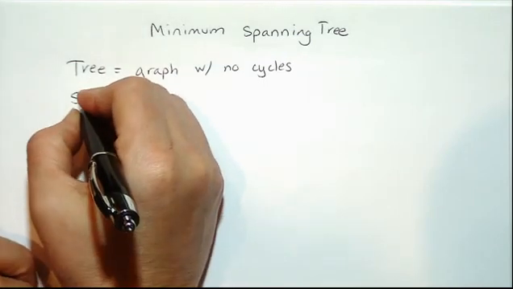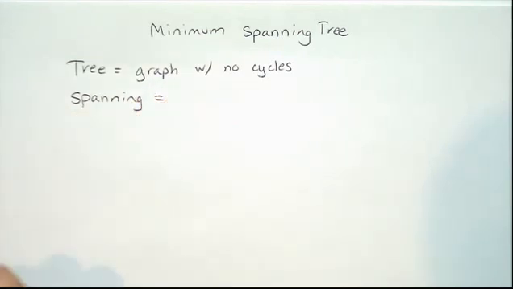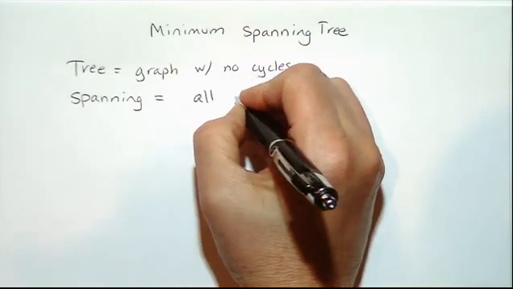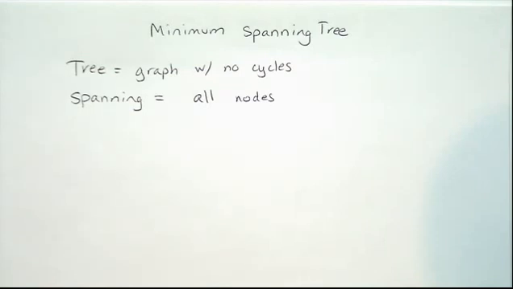And what do you think spanning means? Any guesses? Okay, so all the nodes. And what else might we need? Do we need any edges at all?